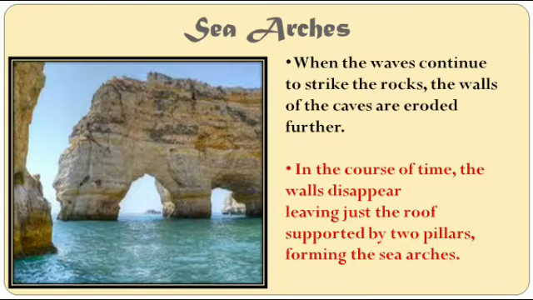You can imagine how long a process it takes. First the sea cliffs are there naturally, then caves are made, then arches are made. Nobody is sitting here making it. It is a natural process which goes on for thousands of years.